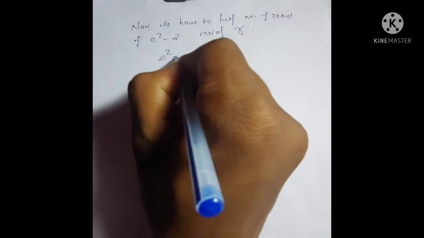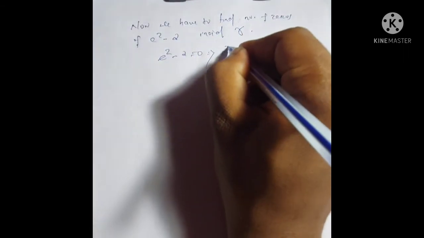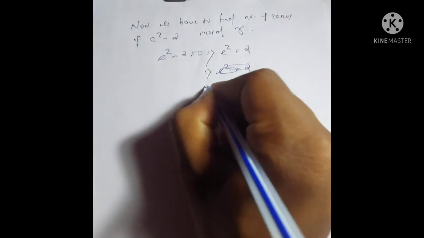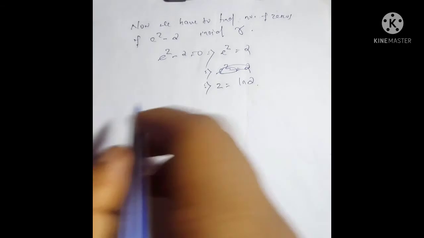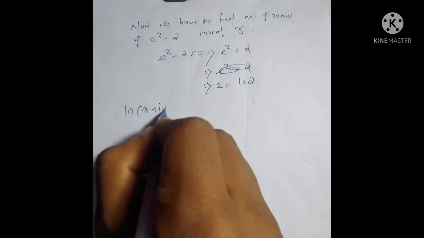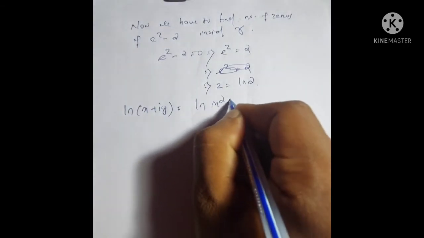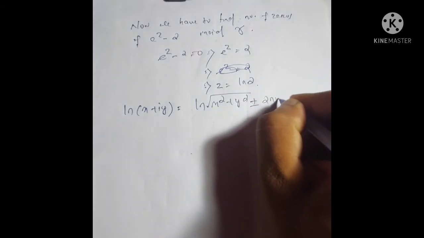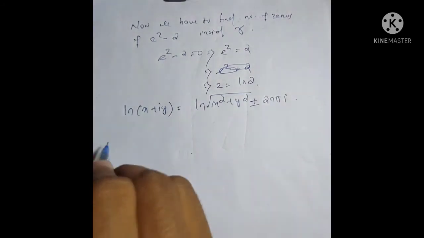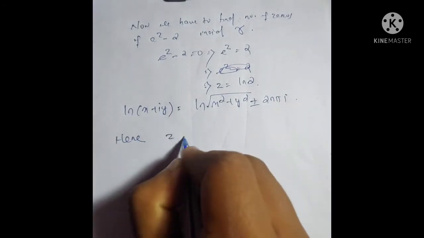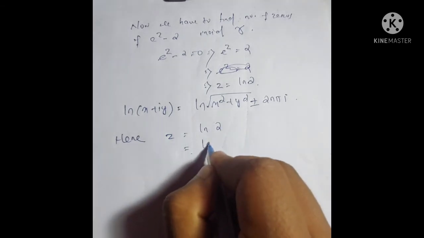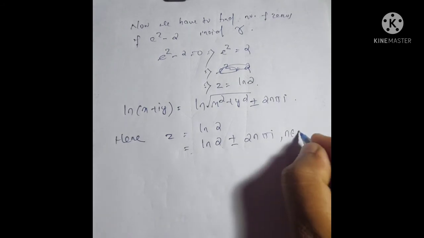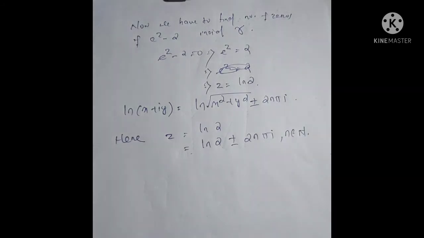Take e^z - 2 = 0. This implies that e^z = 2, and this implies that z = ln 2, and we know that ln(x + iy) = ln of the square root of (x² + y²) plus or minus 2nπi. Here z = ln 2 ± 2nπi, where n belongs to the integers.